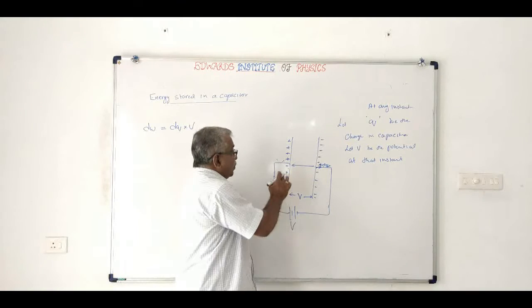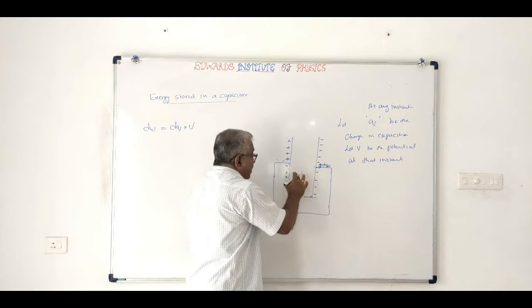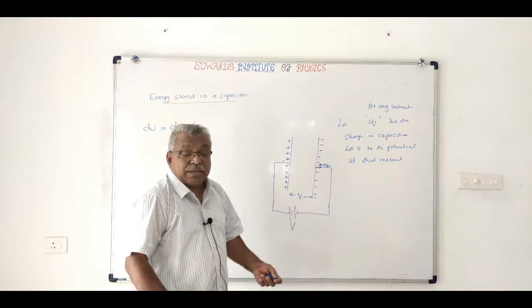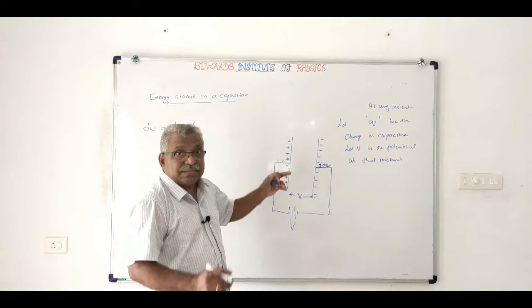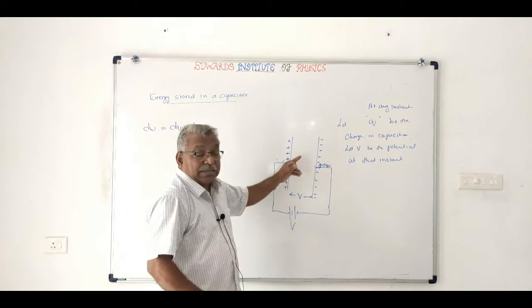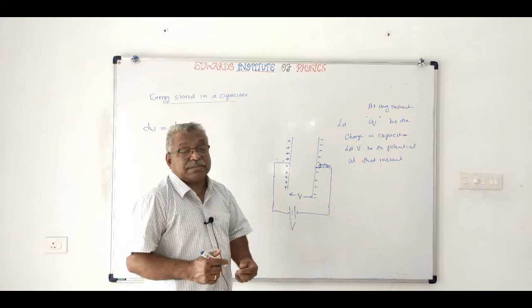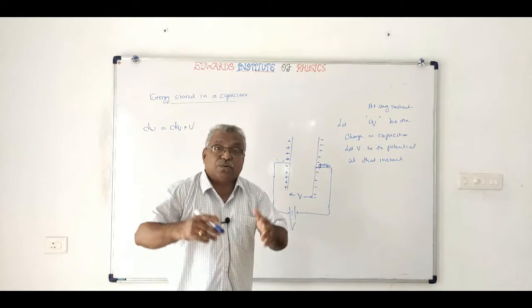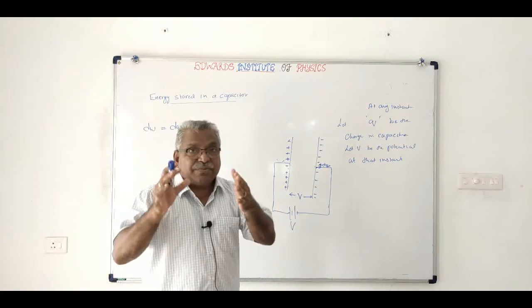Now in order to find the energy stored, this work done is stored as energy. This dw work is stored as the energy in this capacitor. So in order to find the total work done, that will give you the total energy.